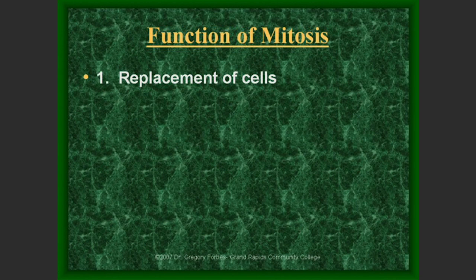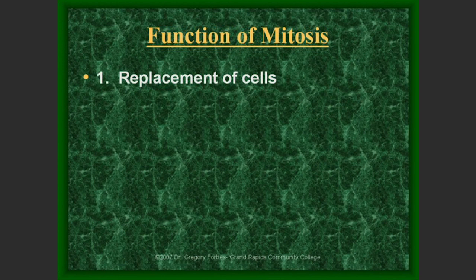Because remember, mitosis deals with the division of a cell, going from one parent cell dividing into two what we call daughter cells. And what's the function of that? Why do we care? Well, any multicellular organism is constantly losing cells. Think of this. Every time you chew, every time you swallow food, you're losing cells off the inside of your cheek, your tongue, your esophagus, as it moves through your intestines, so you have to replace these.